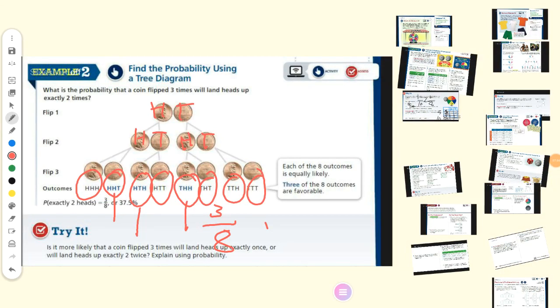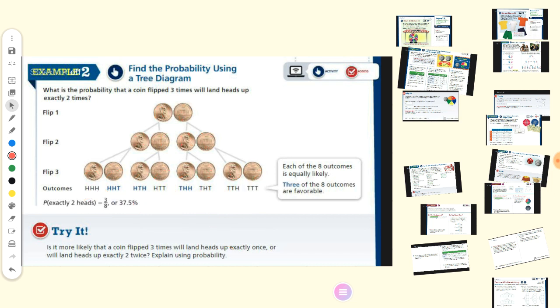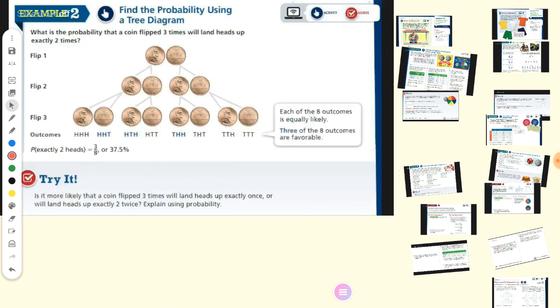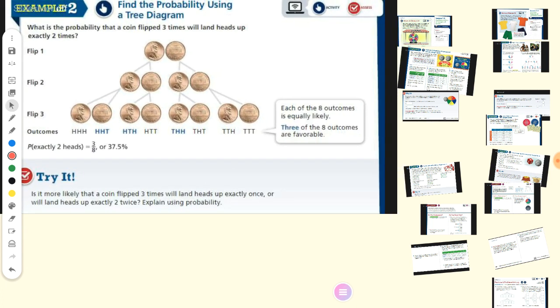Okay, so the next one, let's solve it. It's talking about whether it's more likely that the coin flipped 3 times, as in the last example, will land heads up exactly once. We want to compare the probability of getting exactly 1 head.